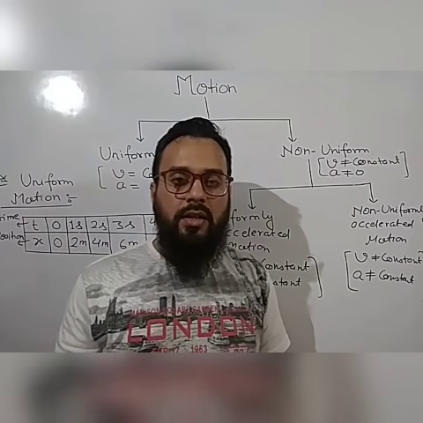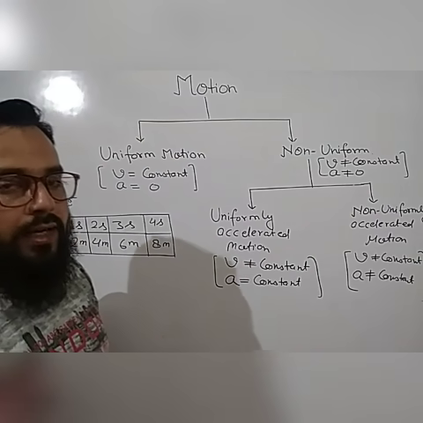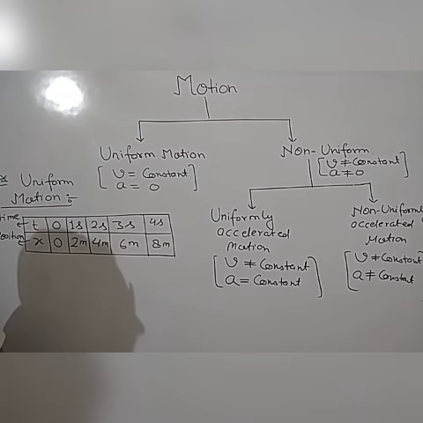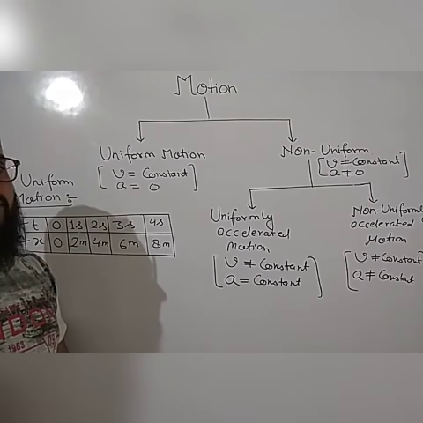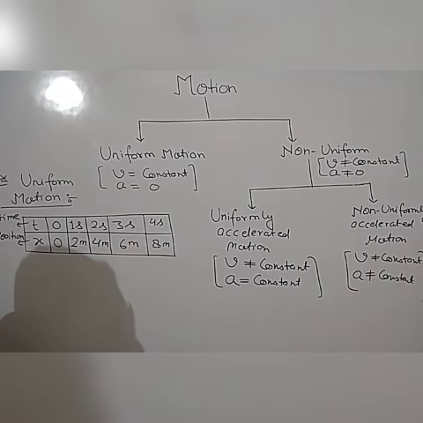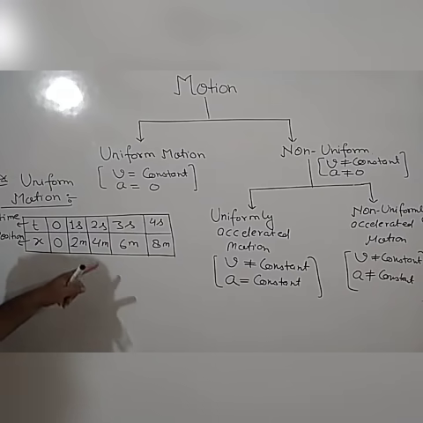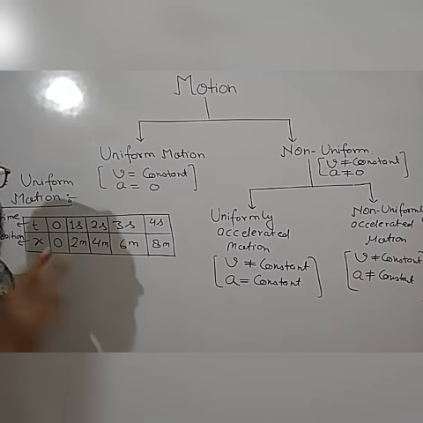it covers equal displacement or equal distance in equal interval of time. When a body covers equal distance in equal interval of time, then such a motion is called uniform motion. You can see there is a uniformity in the motion. For every 1 second, there is a change of position of 2 meter.